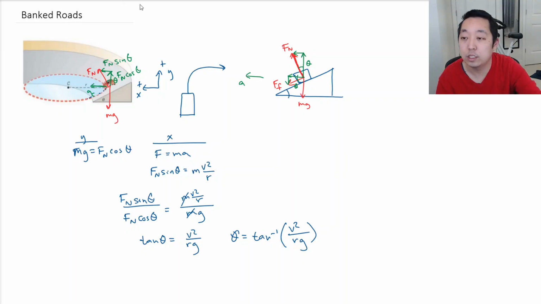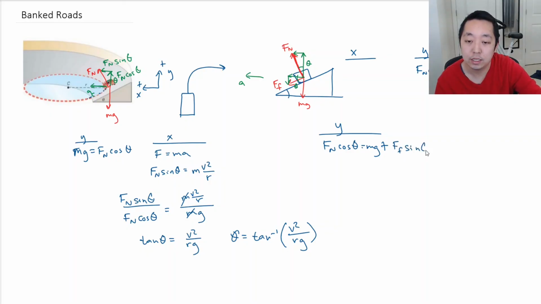Okay. And so if I look at the x and y directions, in the vertical direction first, Fn cosine theta would have to equal mg plus this portion of the vertical, which would be force of friction sine theta.